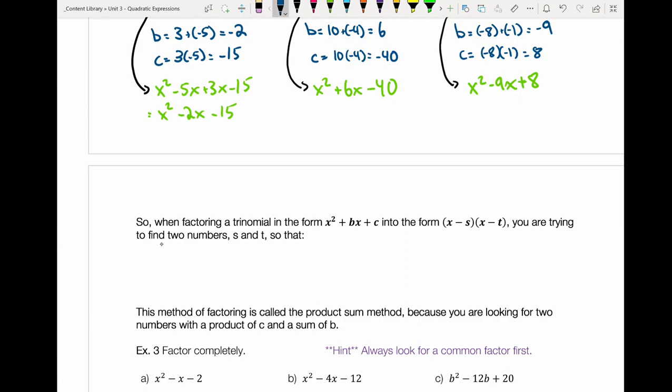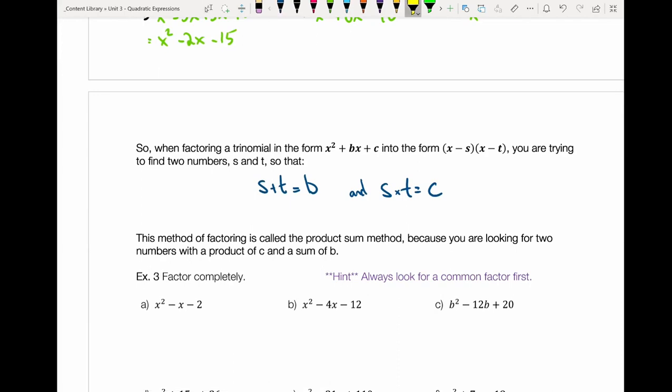So basically, when we're factoring a trinomial in the form x squared plus bx plus c back into two binomials, we are trying to find two numbers, s and t, so that s plus t equals b, and s times t equals c. And once I find those two values, I just plug them back into these two brackets with x, or whatever my variable happens to be.